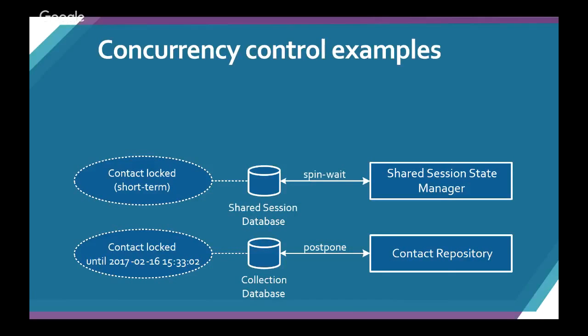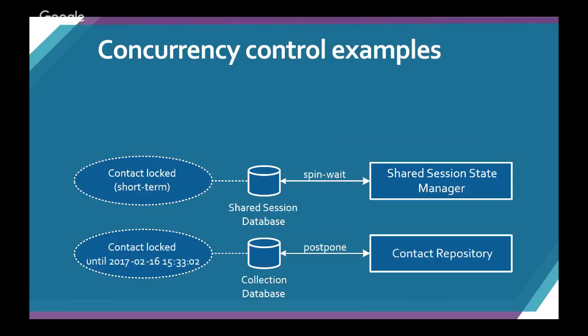And the shared session state manager also locks the contact in the shared session database. But normally it's only locked for the duration of a single page request. And that means that if your page load time is 1 second, it's probably already too high. But other processes on the same cluster will not have to wait longer than 1 or 2 seconds.